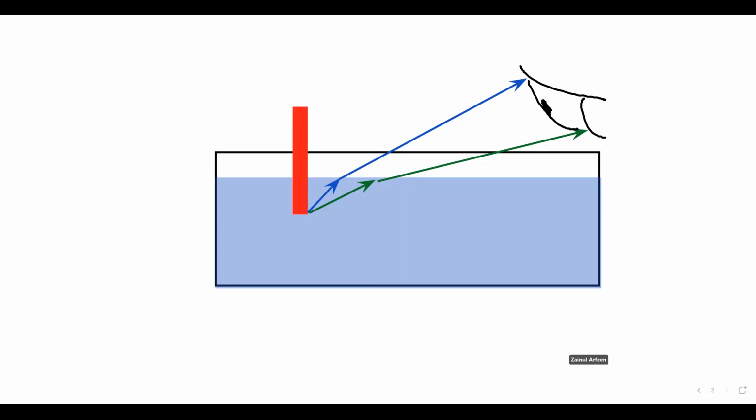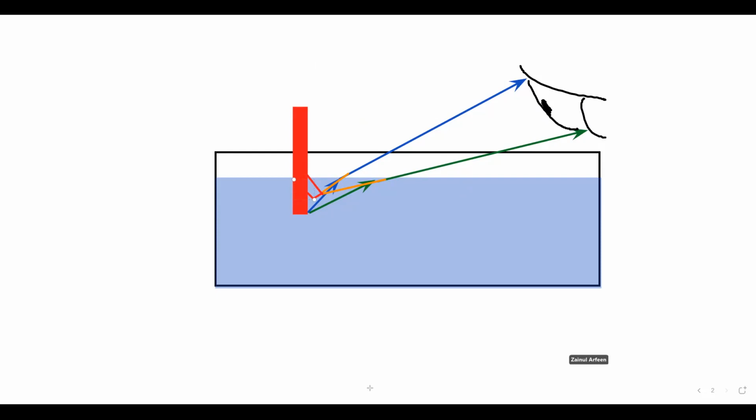When it produces them backward, they will intersect at a point. As they intersect at this point, it appears that this object is bent, because now the base of the ruler appears to be in this position. Due to this, the object appears to bend, and we call that refraction.